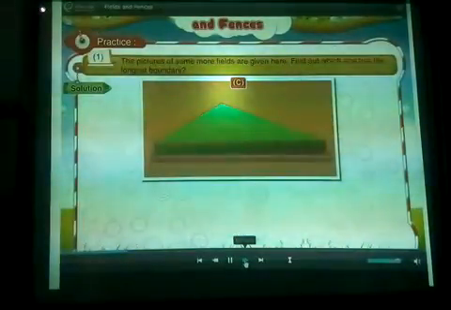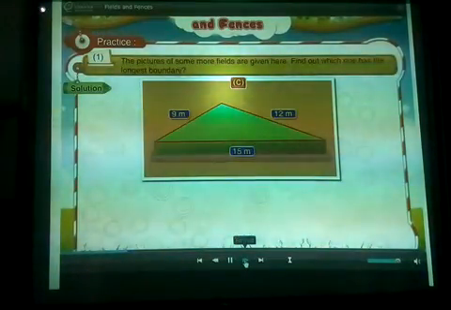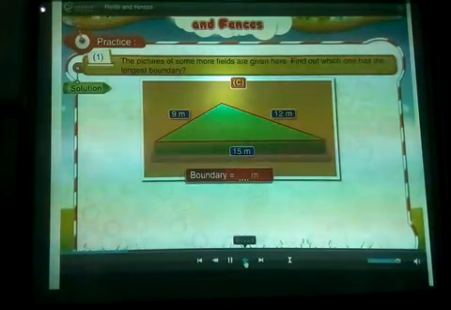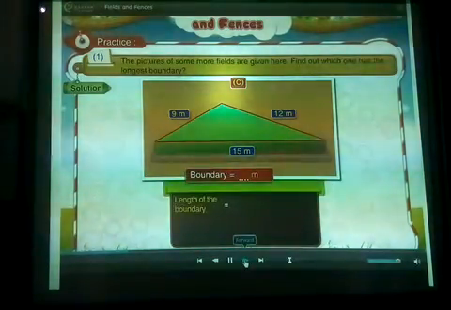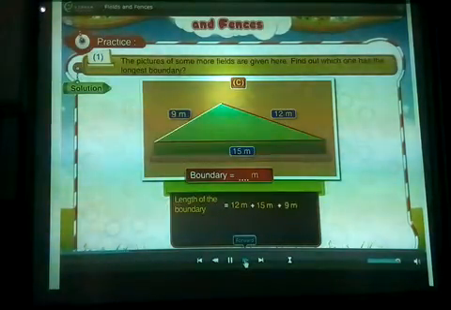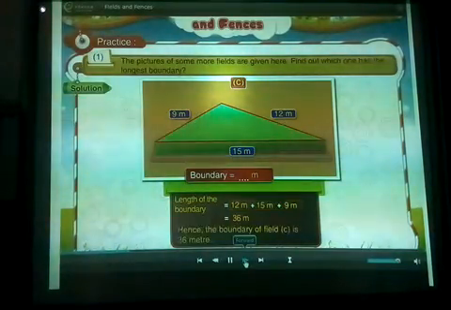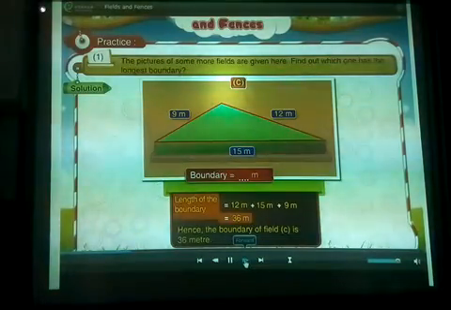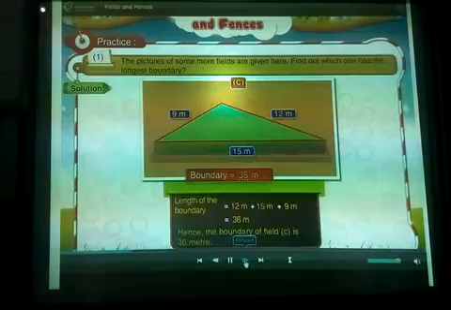C. See, the lengths of the sides are given here. To find the length of the boundary, add 12 meter, 15 meter and 9 meter. With 6 meters, the boundary of field C is 36 meter.